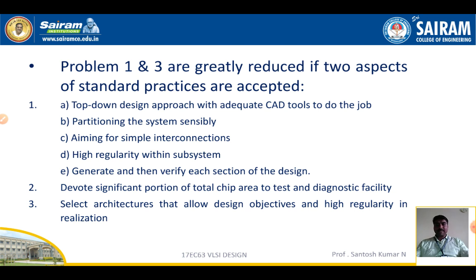Complex blocks can be subdivided into sub-blocks and these sub-blocks can be divided into leaf cells. This process is called the top-down design approach. We can use a CAD tool for designing these complex blocks, which reduces the time and the effort for the designer to design a complex system.